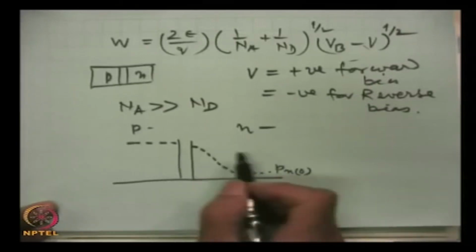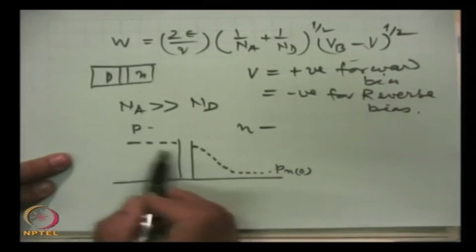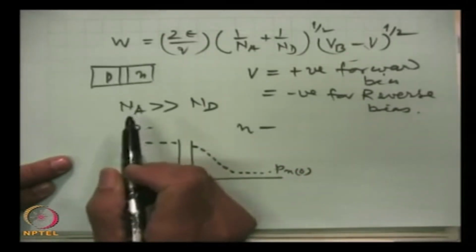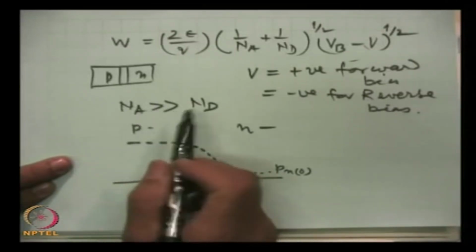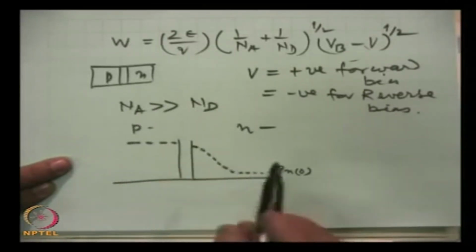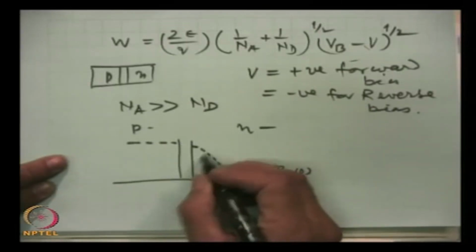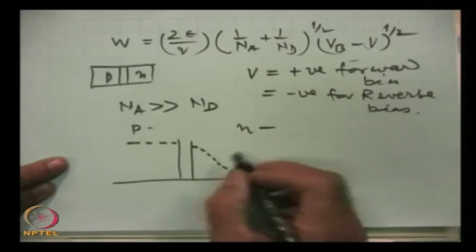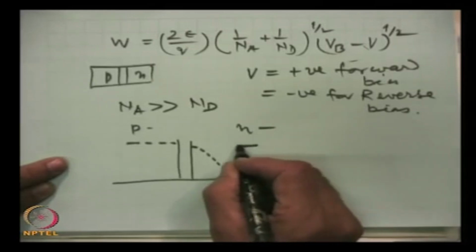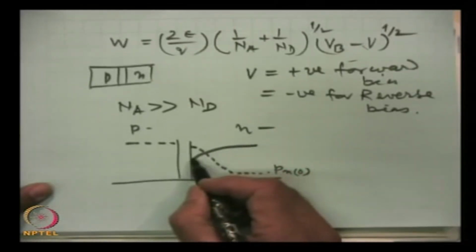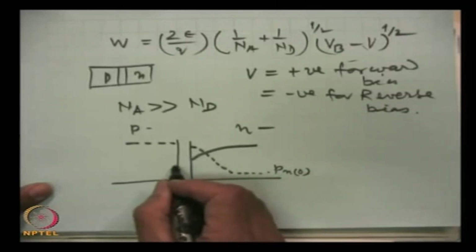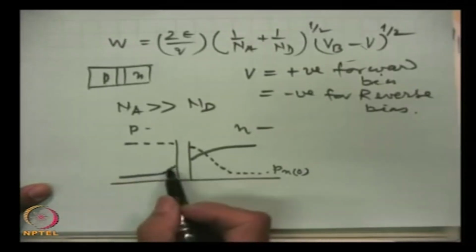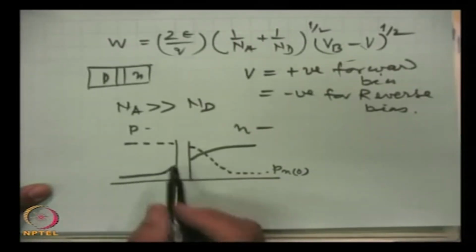Now, this is diffusion current, mind it, and we are discussing a case where the acceptor density is much higher than the donor density. So, the electron density near the junction will fall and there will be electron drift. This is the electron drift, and this will move through here, and this is the current because of electrons.